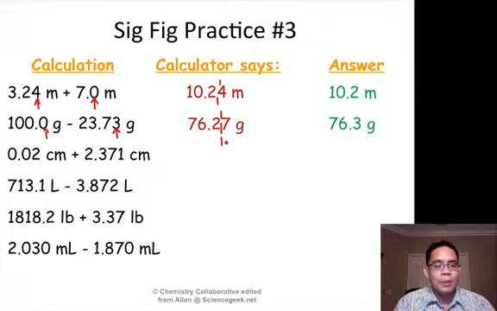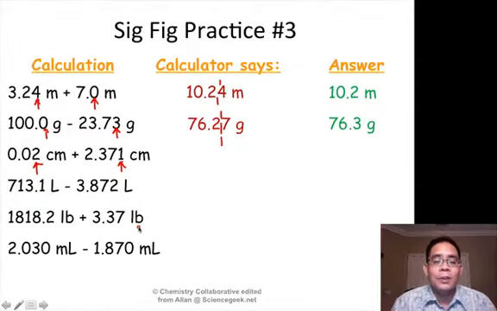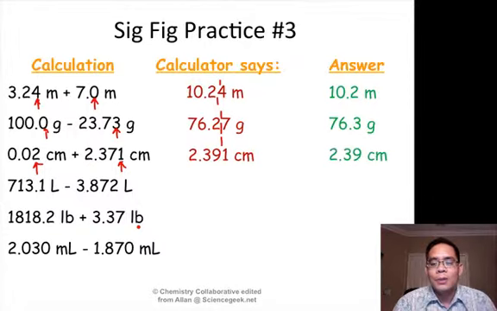In the next one, 0.02 is to the nearest hundredths place. This one is to the thousandths place. And so when we deal with this, what you want to do is make sure you round to the hundredths place. We get 2.391 centimeters. Of course, it's going to become 2.39 after I cut off the thousandths place.